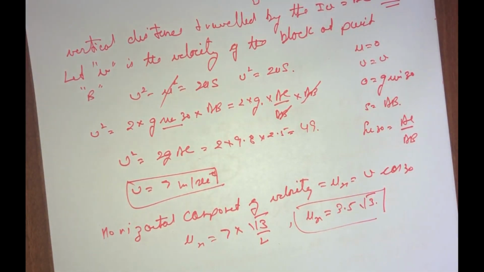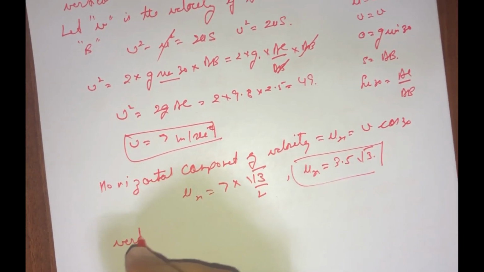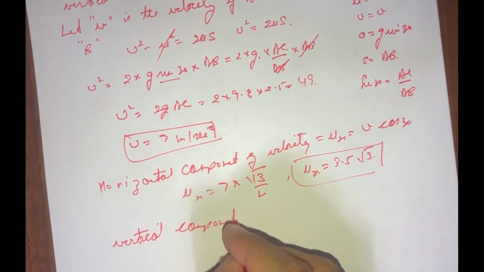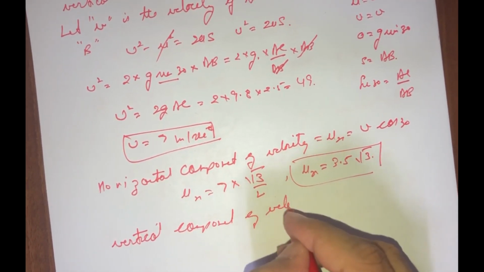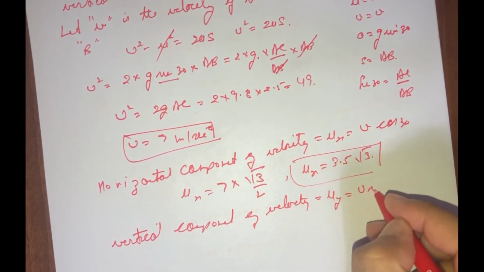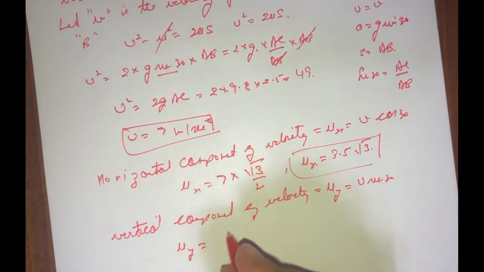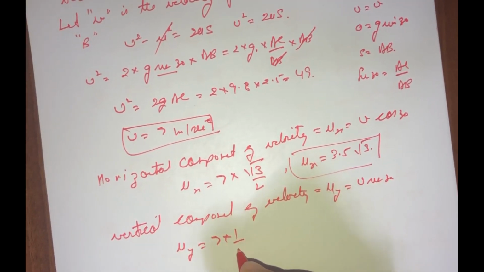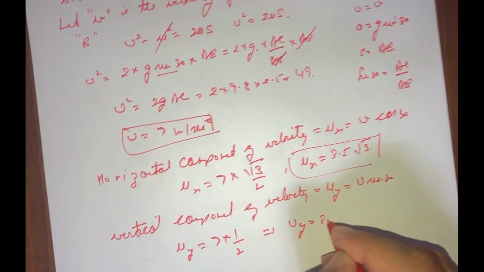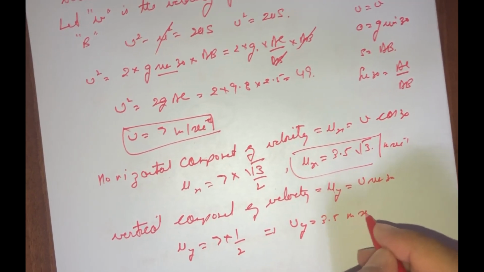Similarly, we can find out the vertical component of the velocity, uy is equal to V sine of 30. So uy is equal to 7 multiplied by 1 by 2. This gives us uy is equal to 3.5. These are both in meters per second.